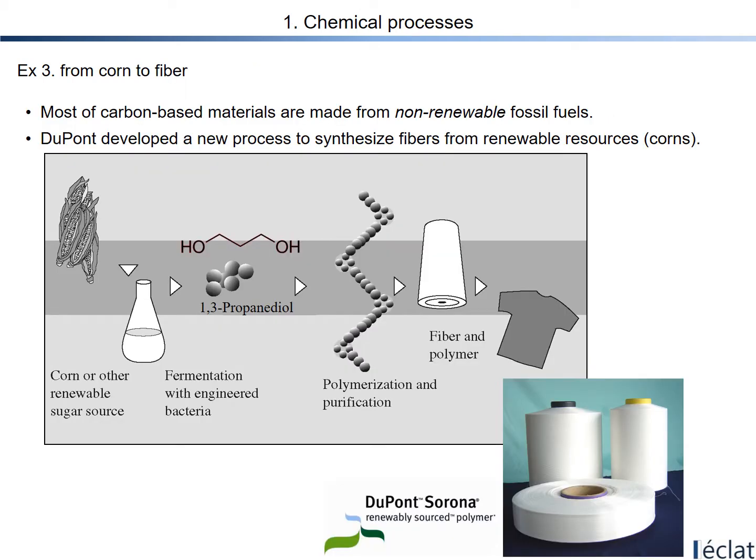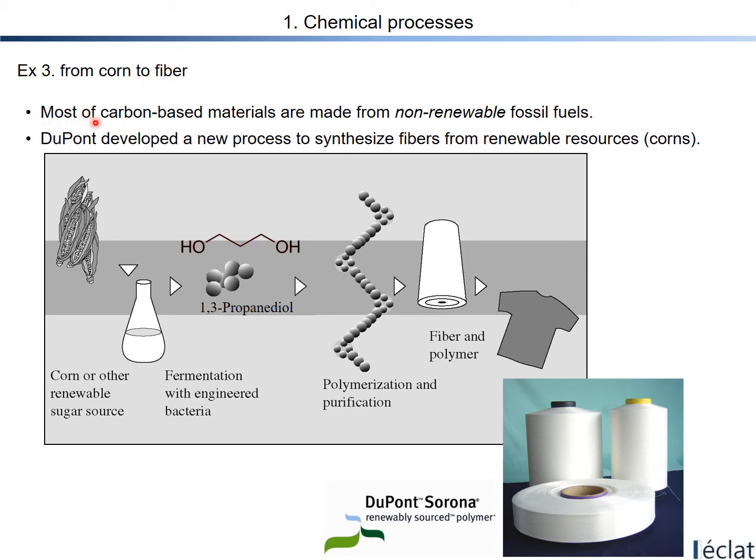Okay, let's go to the third example of chemical processes. We could use some biomaterials as the raw materials. So the title of this example number 3 is From Corn, the raw material, to fiber, the desired product.